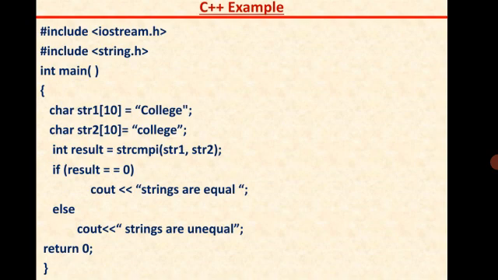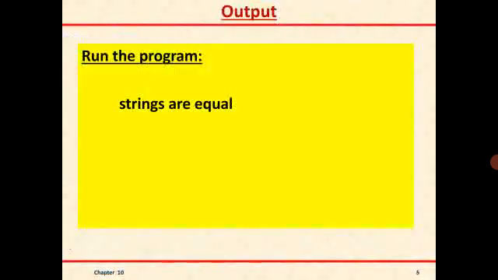Both will be compared, and since I am using string compare I, that is ignore, it is not case sensitive. Whether you write in uppercase or lowercase, it treats them as the same. So you will get the output: both the strings are equal.